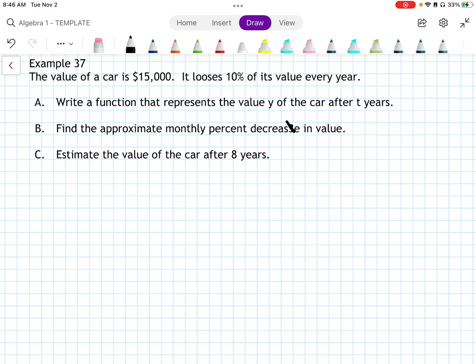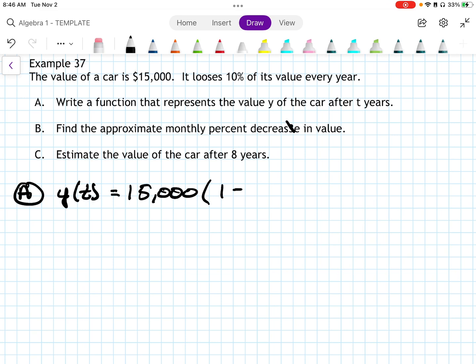So starting off, let's write a function. Part A. Our function is going to be y. We'll just call it y of t. That makes it a little bit prettier. My initial value would be like my principal. That would be 15,000. Now, instead of 1 plus, I'm going to do 1 minus because it loses value.